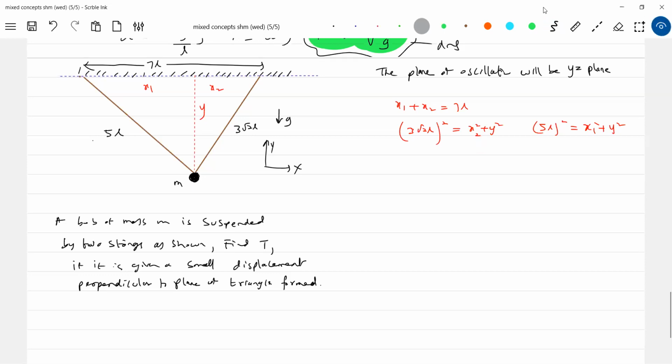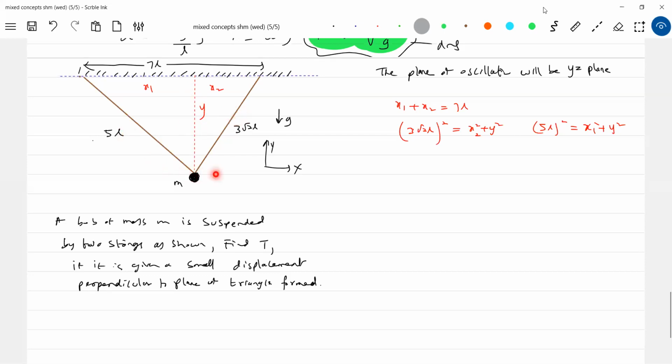Solving these three equations, we will get x1 and x2. After getting x1 and x2, we can calculate y. From y, we get the effective length. So the time period of oscillations will be 2π√(y/g). This is the effective length of the pendulum, not 3√2 L or 5L.